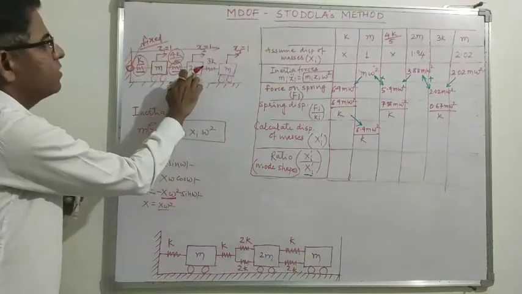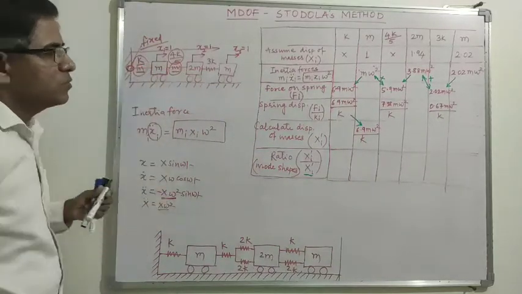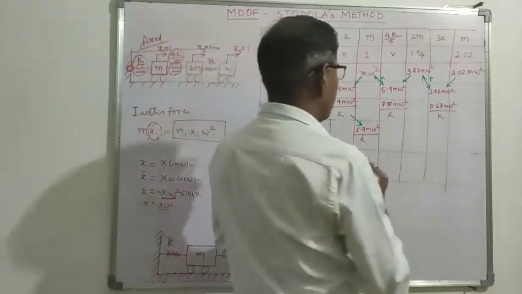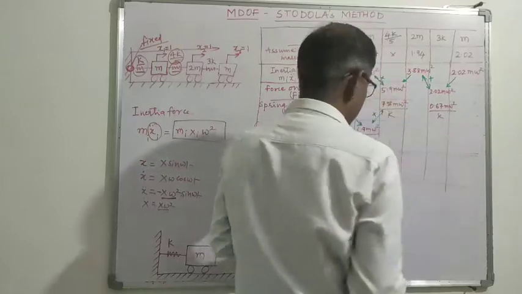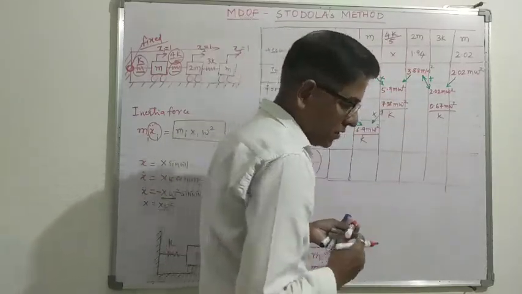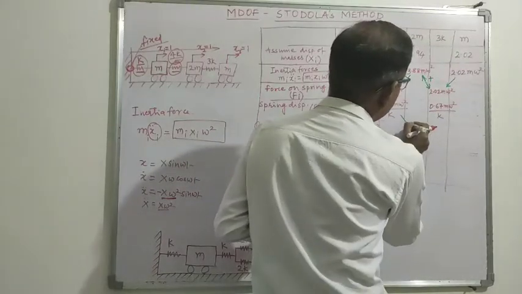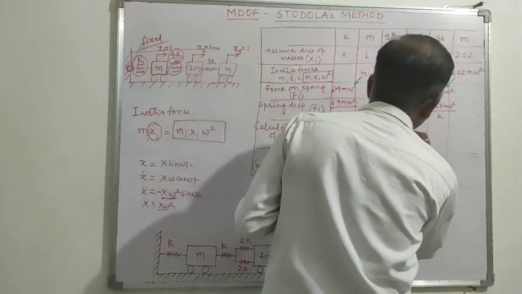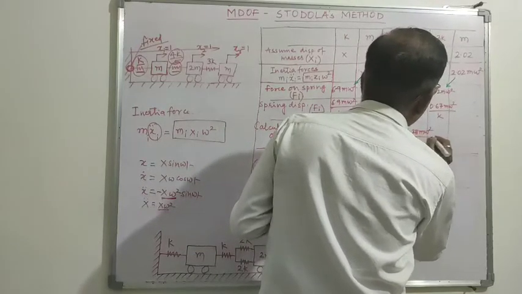Now the second mass will experience a displacement equal to the sum of the displacements of the two springs. So these two values will be added together. 6.9 plus 7.38 is 14.28. So this is 14.28 m omega square upon k.